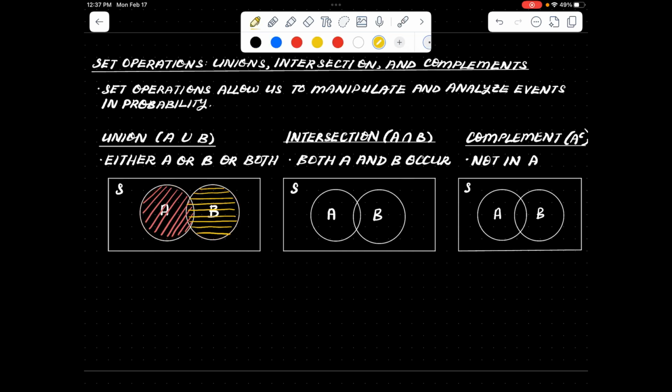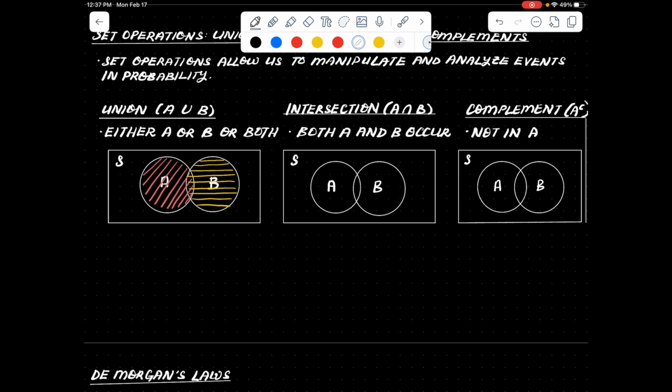So going back to the dice example, let's say we roll a six-sided dice. Let me write example. So we're rolling a six-sided dice.